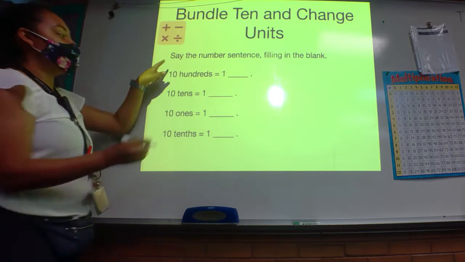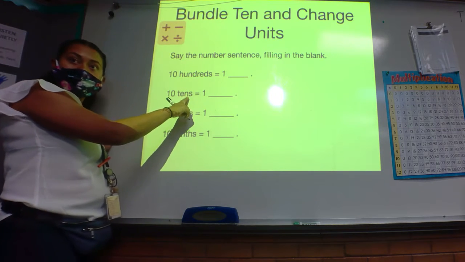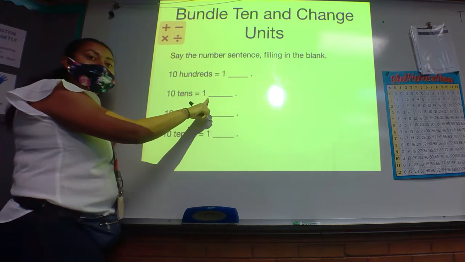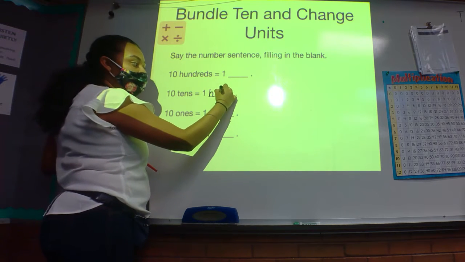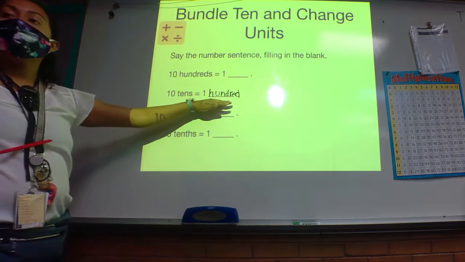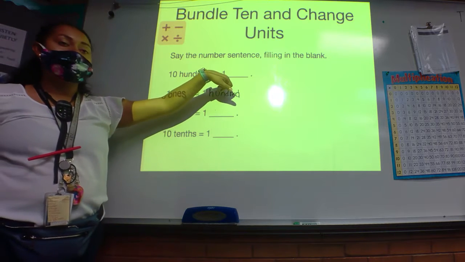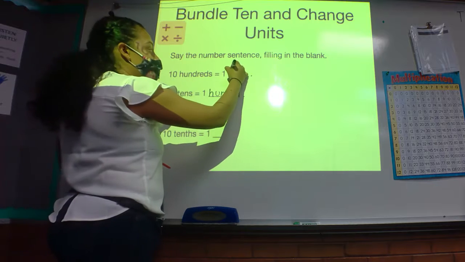So if we were to have 10 tens, how much is 10 tens equal to? 100. Okay. 10 hundreds is equal to 1,000. Good job, Roger.